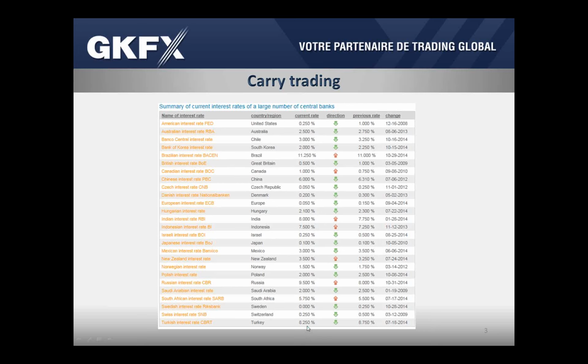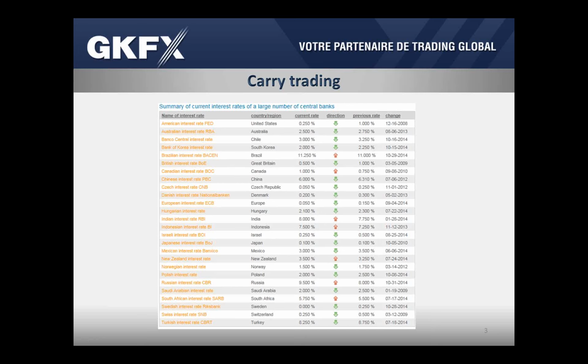The Turkish lira has 8.25%. So as you can see, interest rates are very different depending on the currency and the economy of the country. Usually, emerging countries profit from a very high interest rate differential: Turkey, South Africa, Brazil, Russia, China.